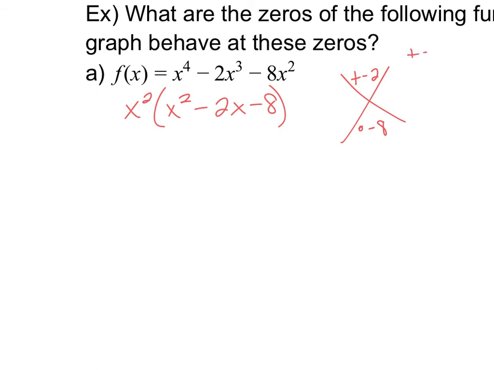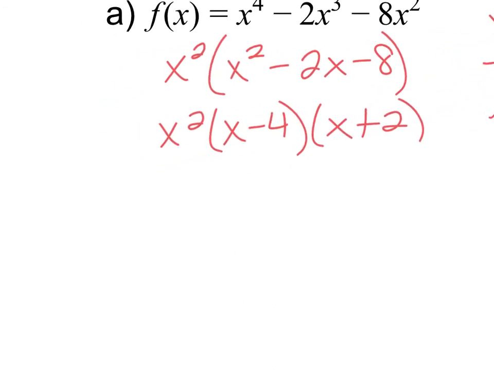That would be positive and negative, and your bigger number is negative. So -4 and 2. There's no number out front, so we can just put it straight in. We don't need to factor by grouping. So we would have x squared times (x minus 4) times (x plus 2). That one wasn't too bad to factor, was it?